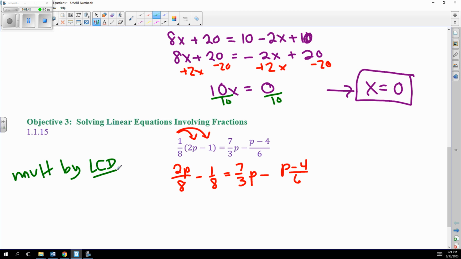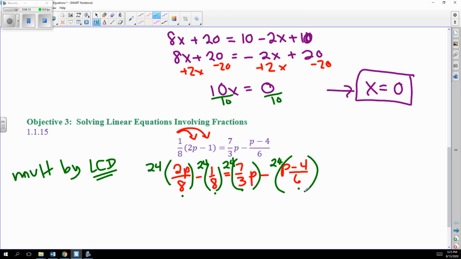The LCD is the smallest number that all of these denominators, 8 and 3 and 6, go evenly into. If you don't know what that is, it can't be 12 because 8 doesn't go evenly into 12, so it must be 24. So I'm going to multiply every single term by 24 and cancel what I can cancel.